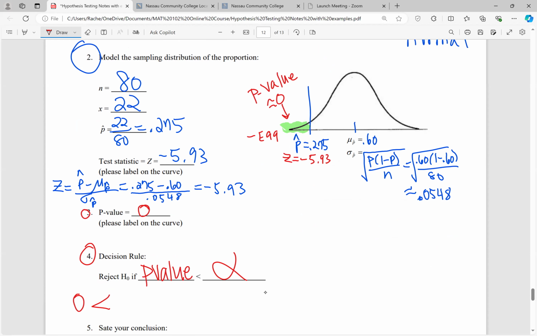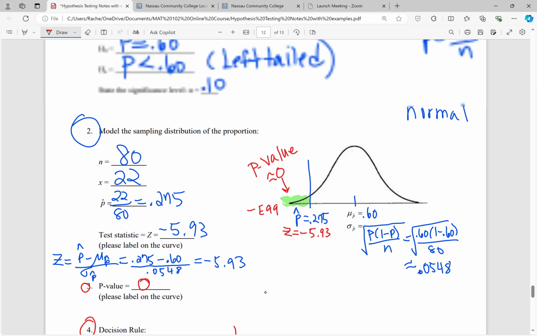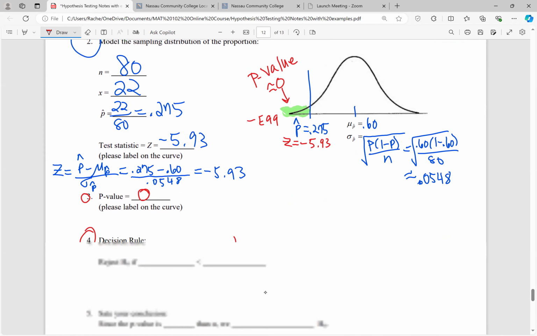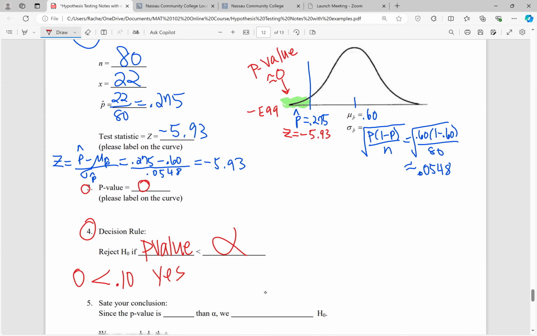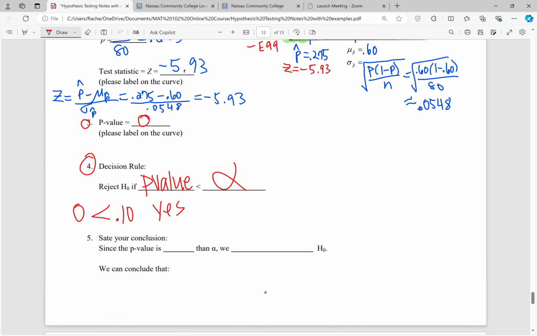Which in this case is 0.10. So we do reject the null hypothesis, right? So since the p-value is less than alpha, we reject the null hypothesis. So we have enough evidence to go with the alternative.